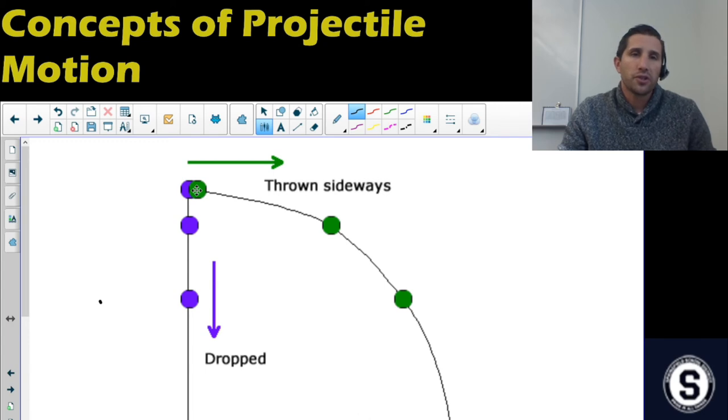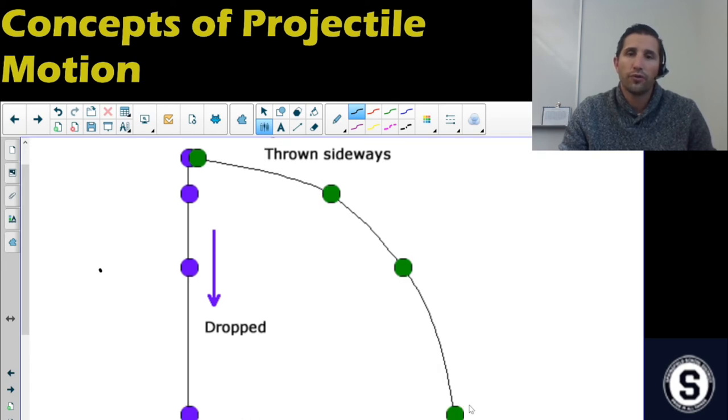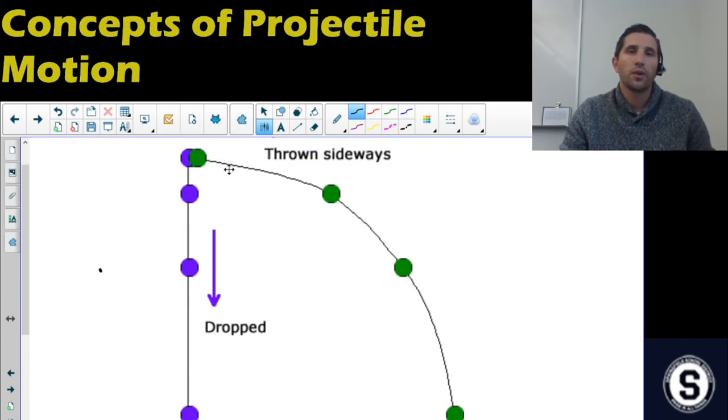You'll notice this green one that's thrown sideways, as it flies through the air, it's falling. It falls, falls some more, falls even more because of gravity. Gravity's accelerating it downwards. This one that's dropped is also falling and gets faster and faster.